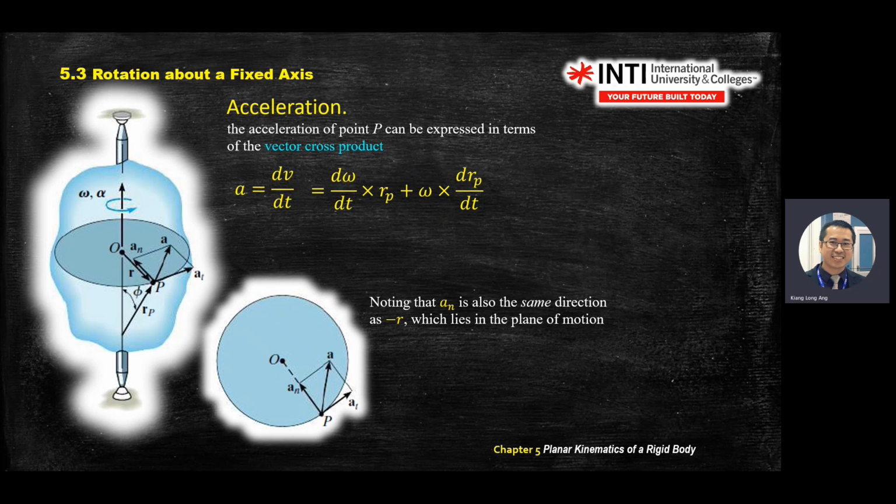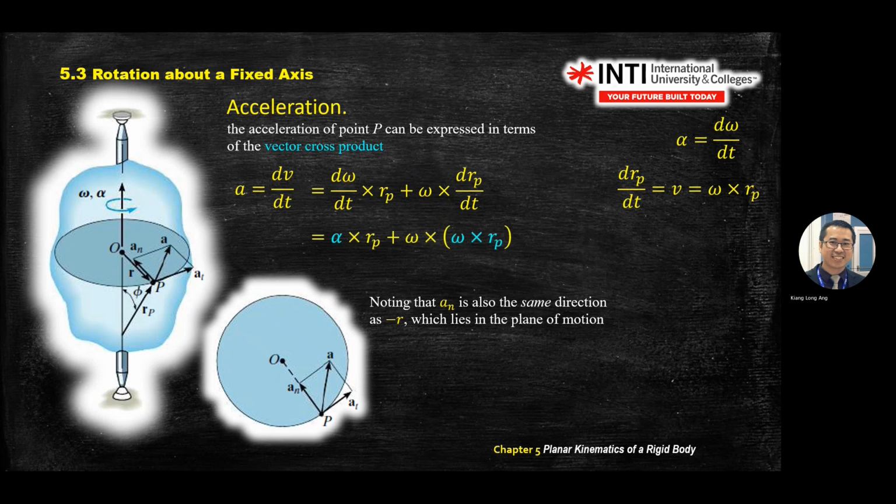So A equal to dV/dt, this one you know. What is V? V equal to omega cross R. You're actually using cross products or chain rules. You can see that, right? So I don't need to explain. So this is chain rules. So when you have chain rules, this one, d omega/dt, what is omega?